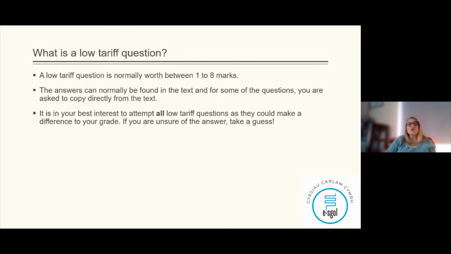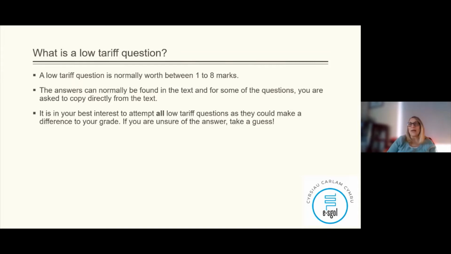A low tariff question on the reading papers is normally worth between 1 and 8 marks. Anything over that, you have to provide an extended answer, which we will go through next week. The answers for the low tariff questions can normally be found in the text that you read. When you have a Unit 2 or a Unit 3 paper, you'll be provided with a resource paper as well, which has lots of different texts in there for you to read.